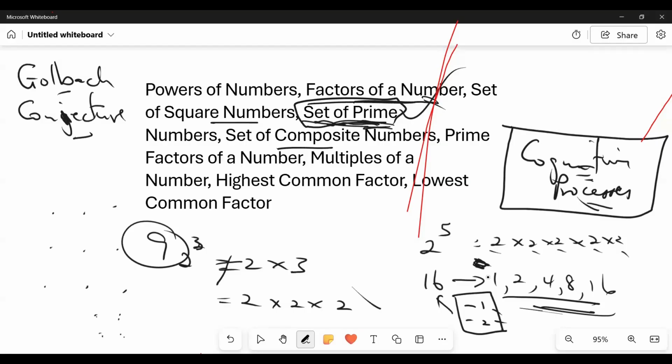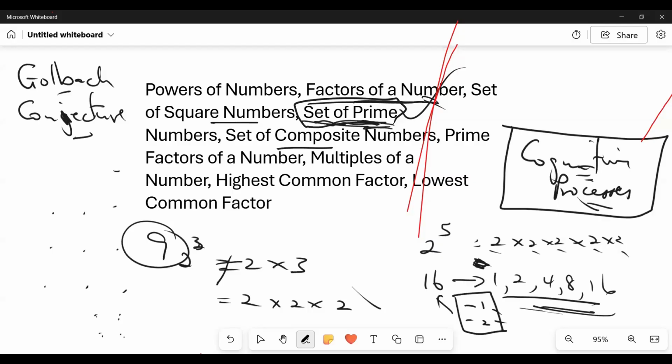Oh, what does that mean? I'm trying to remember what it is. Is it every prime number? Every even number greater than 4, I think, is a sum of two prime numbers, right?